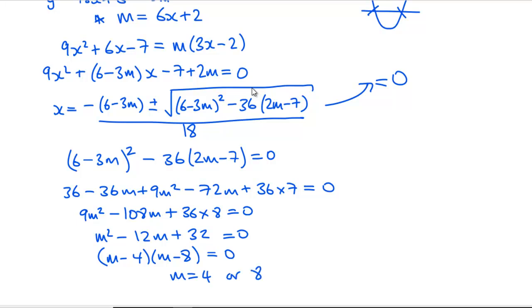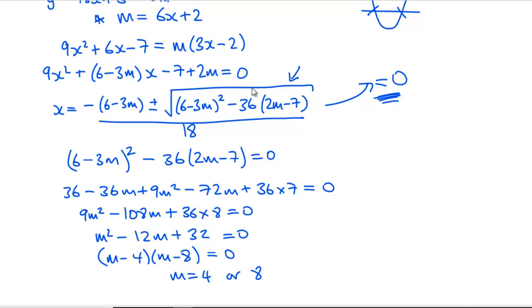Right, so coming back to the reasoning as to why this has to be equal to 0: these two values, m is 4 and m is 8, both make the discriminant 0. So we've got two values of m, but that gives us just two values of x because our discriminant has gone to 0.